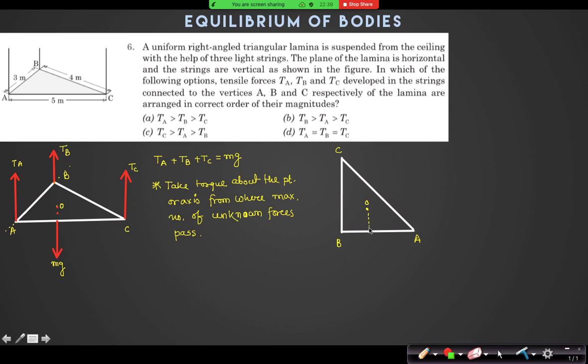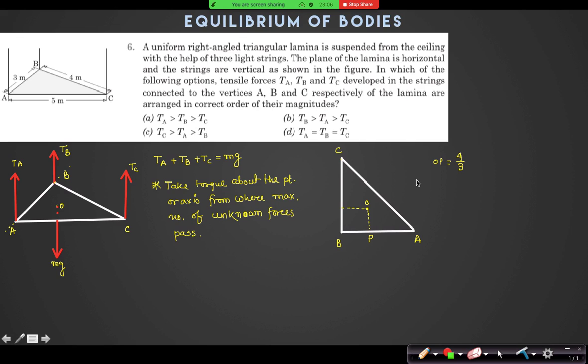Suppose this distance is OD or OP. So what is OP? Can I say OP is 1/3 of CB? It is a 2:1 ratio. So it is 1/3 of CB. CB is 4. So OP is 4 by 3 or not?